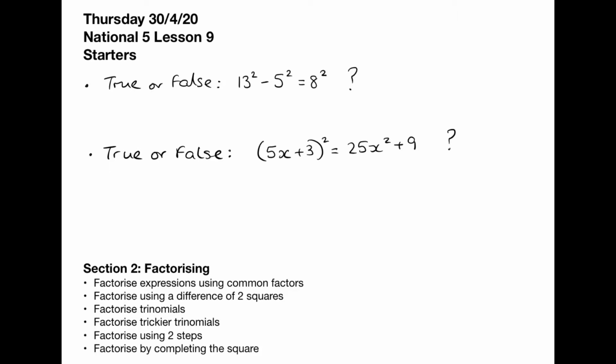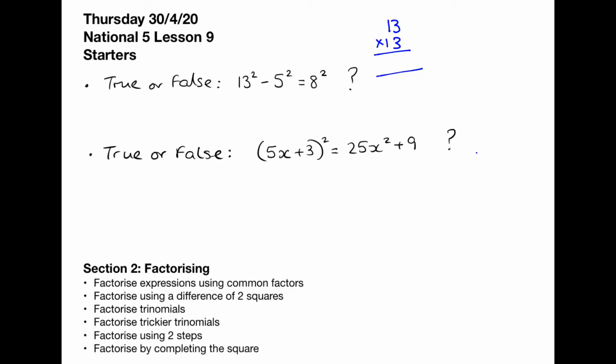So to start with, 13 squared take away 5 squared is 8 squared. Is that true or false? Well, we just need to work out the numbers, don't we? So 13 squared, remember, is 13 times 13. If you think about working it out as a chimney sum, you can do it in one go.